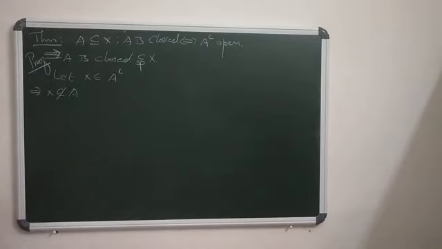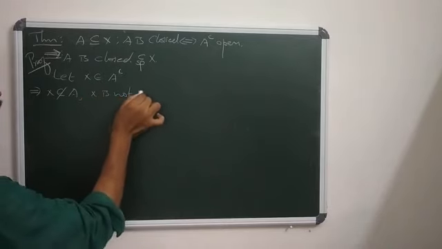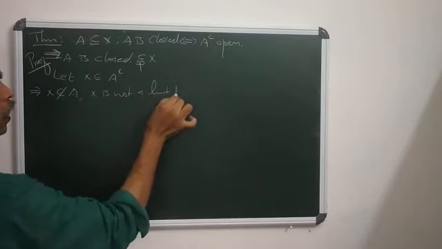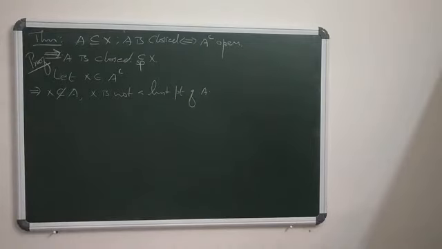A set A is closed means it consists of all of its limit points. Since x is outside of A, x is not a limit point of A. Why? When A is closed, A consists of all of its limit points, so x outside of A means x is not a limit point of A. Okay. Actually, what is the limit point?